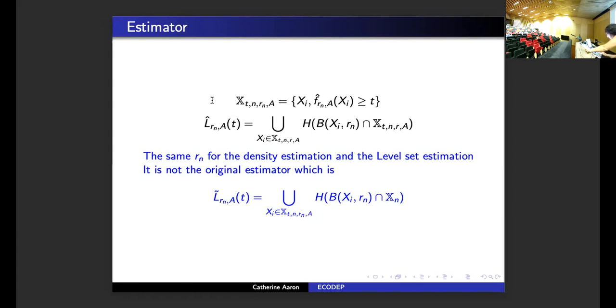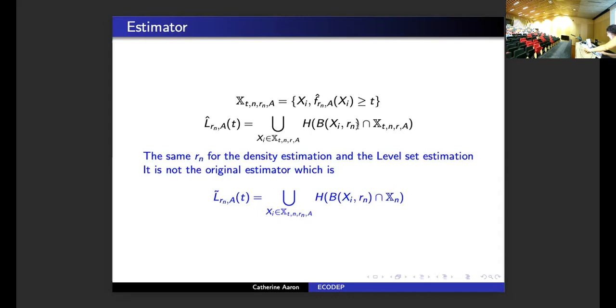What I want to say is not exactly the same as in the original paper of Getz and Wilmer. They do the same thing, taking a union, but not of the convex hulls of the points that are of high density, but of the convex hulls of all the points.